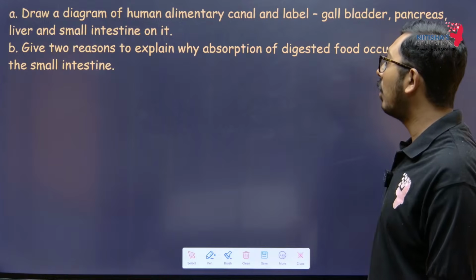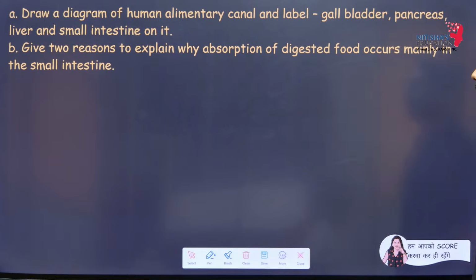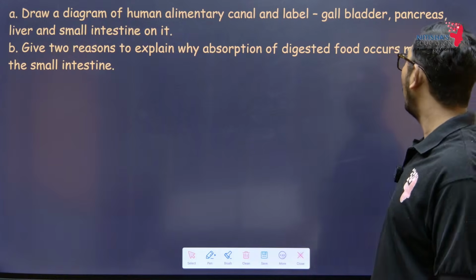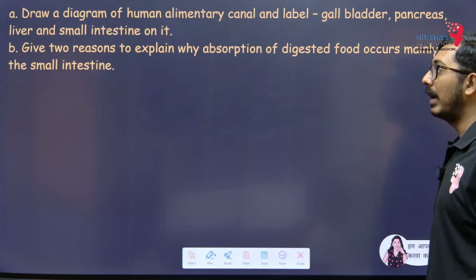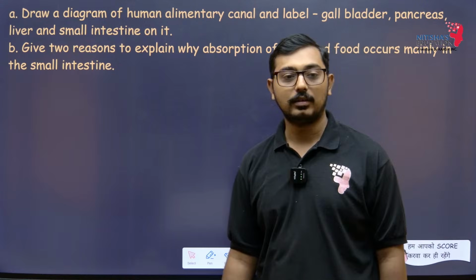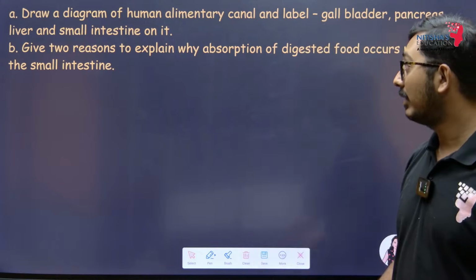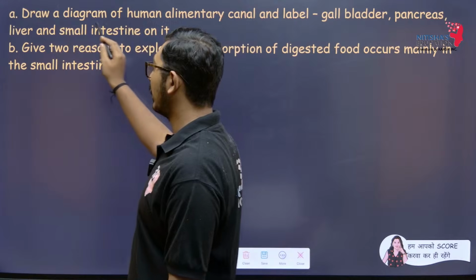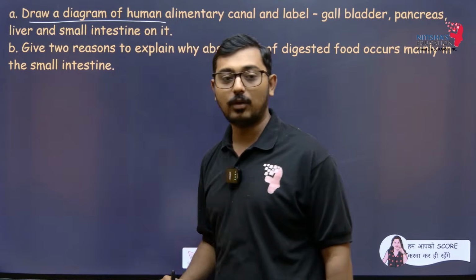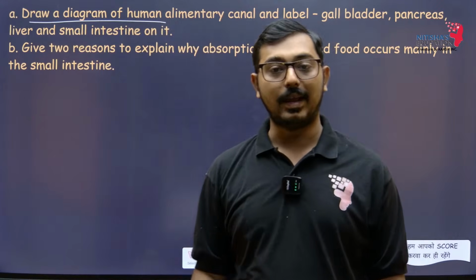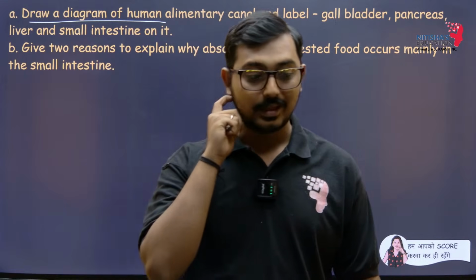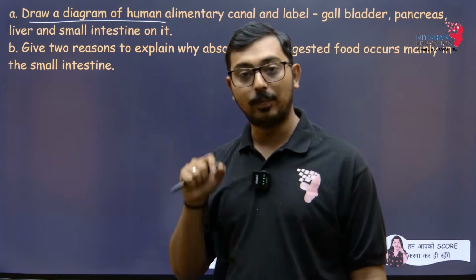Draw a diagram of human alimentary canal and label gallbladder, pancreas, liver and small intestine on it. Okay, so for alimentary canal, the important part is this diagram. That is why this question has been included. Diagram of an alimentary canal, that is the must. In the exam, this question could be asked.